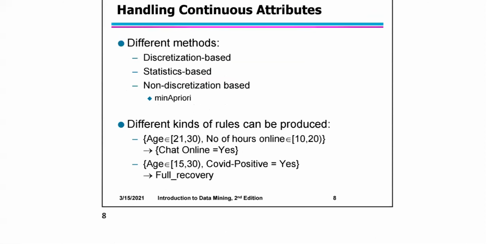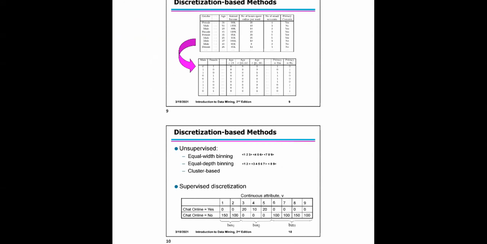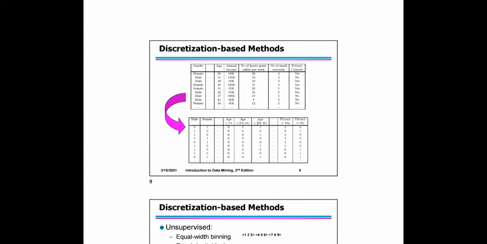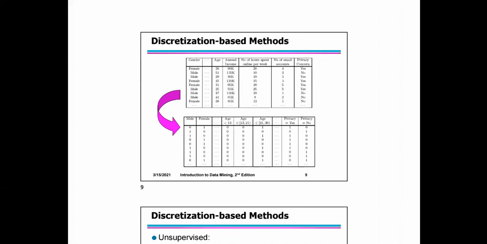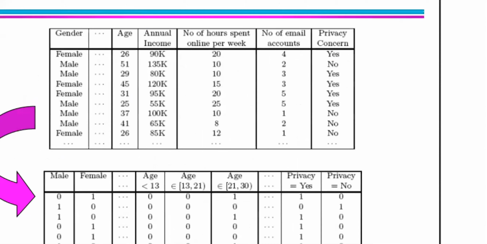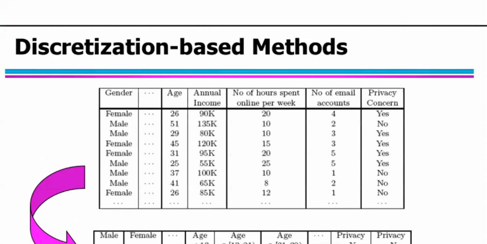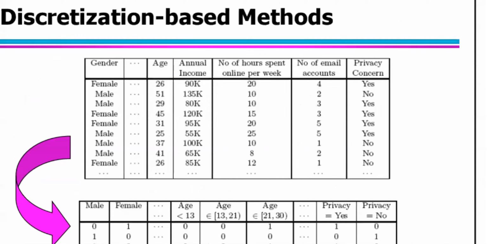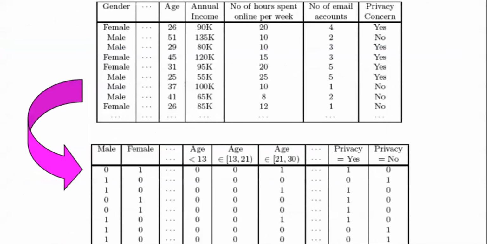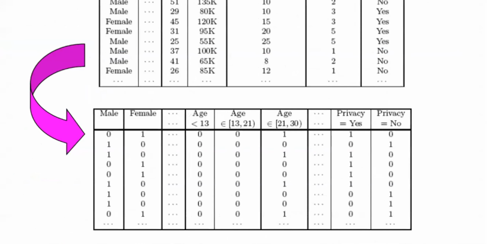Here I want to show discretization for that data, using discretization based methods. Gender is female, age is 26, annual income 90K, number of hours spent online per week is 20, number of email accounts is 4, and privacy concern. Male or female is a binary conversion, binarizing.